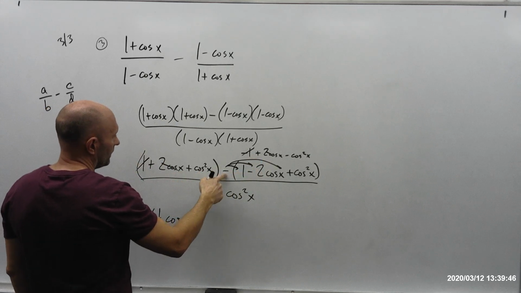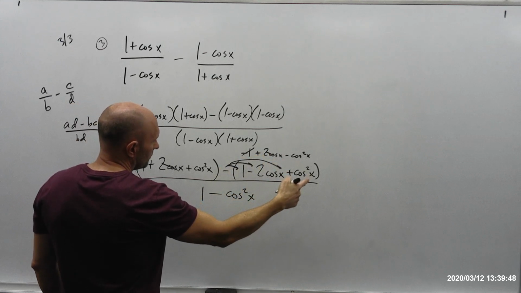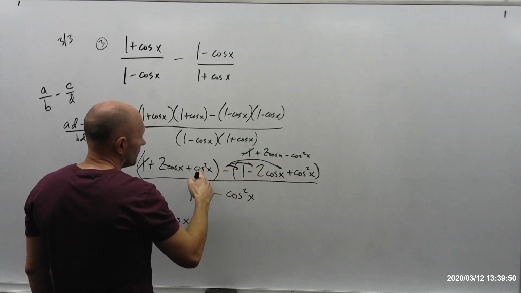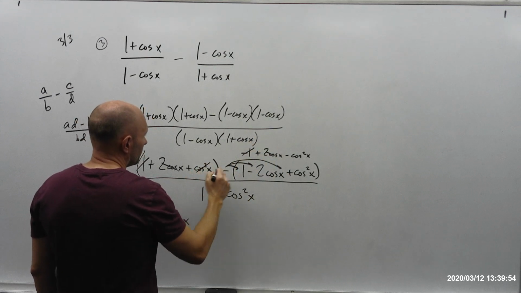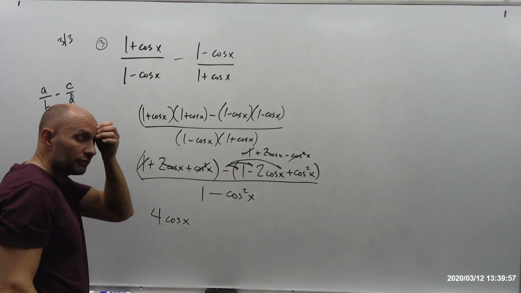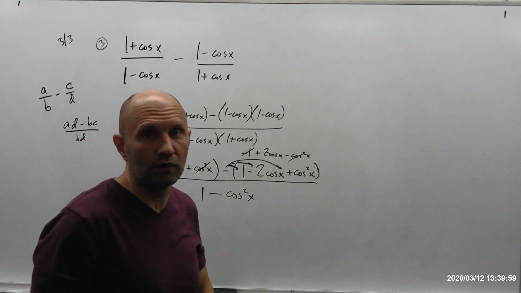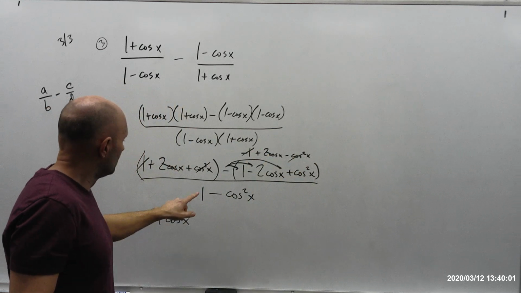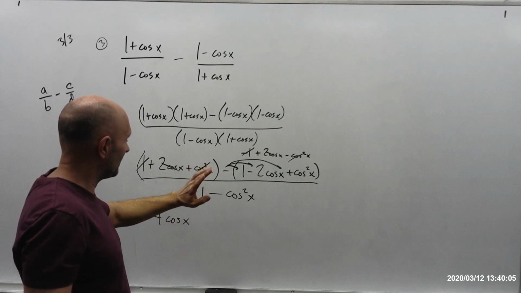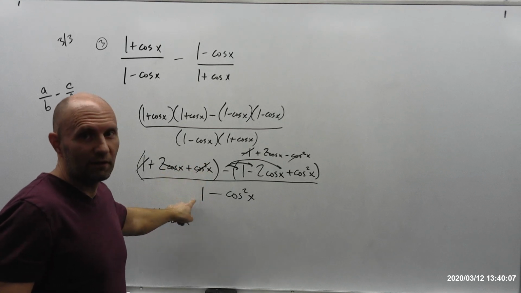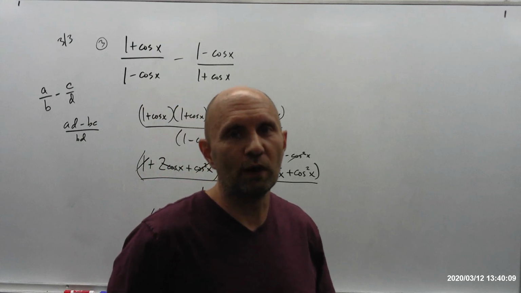Oh no, I distributed, sorry. Cosine squared x minus cosine squared x, they cancel. So all I have in the numerator is 4 cosine of x. Sorry about that. In the denominator, I have 1 minus cosine squared x.